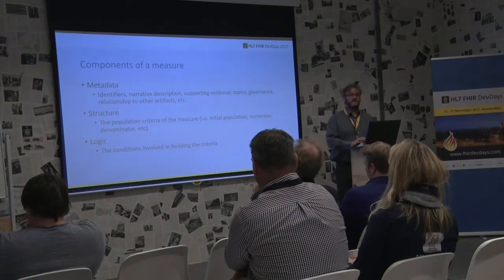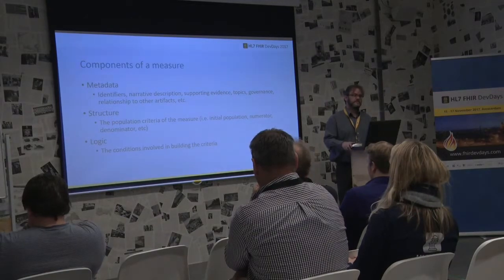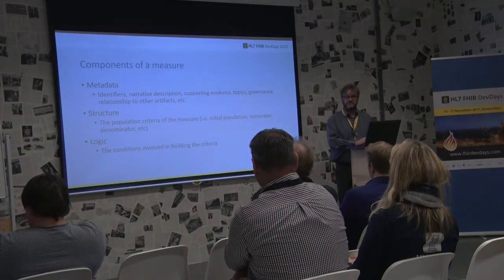I can say that this measure is related to this guideline. I can say that this measure is a successor of another measure if it's replacing it. I can point to programs that the measure is involved in, those types of categorizations.